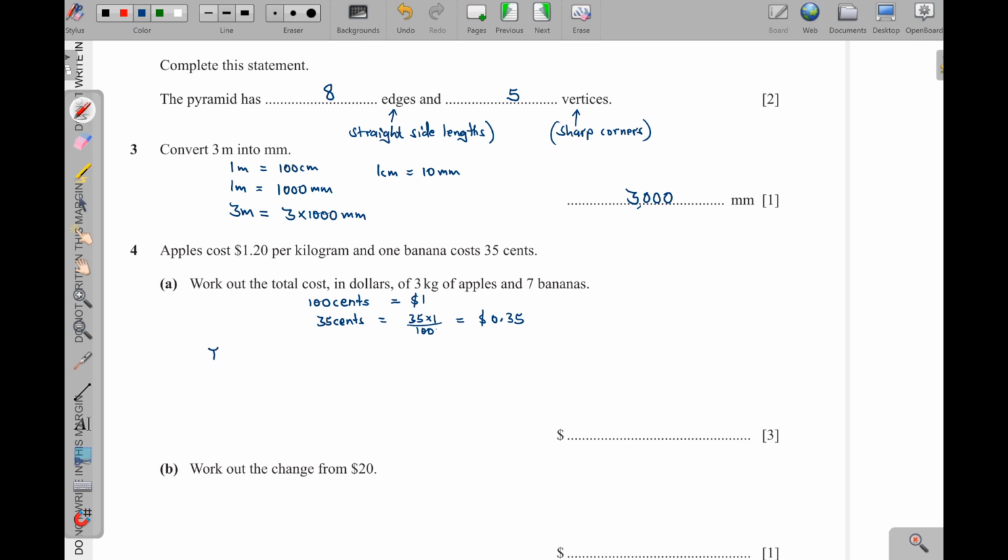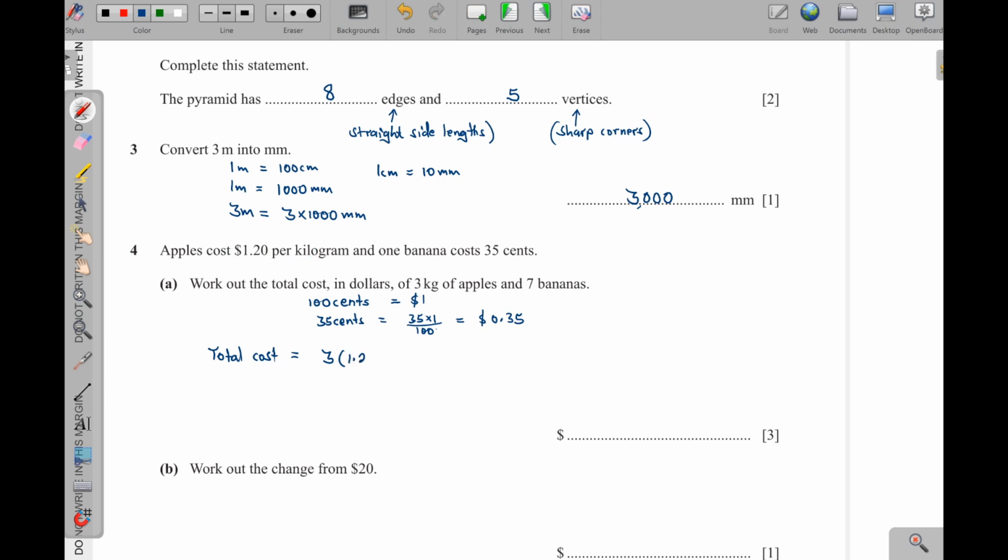And then after that, we have the total cost. So the total cost here, remember it is in dollars. So we have to get the cost of the apples, then plus the cost of the 7 bananas, right? So we have 3, then times each kilogram of apple is costing 1.2.